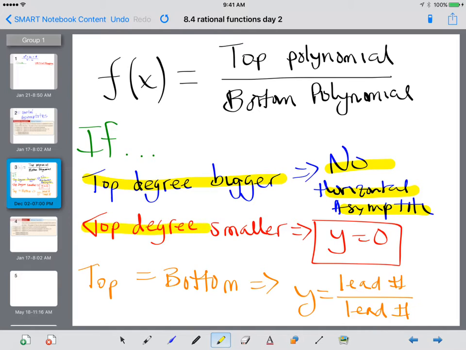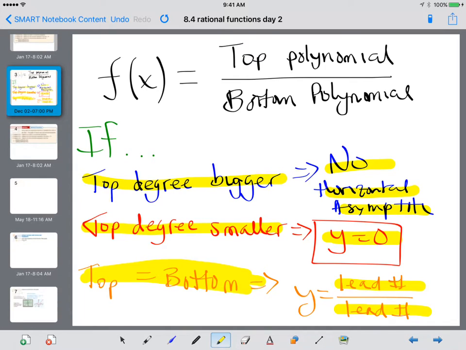If the top degree is smaller, our option is only y equals 0. And if the degrees are equal, then it's y equals the leading coefficient on top divided by the leading coefficient on the bottom.